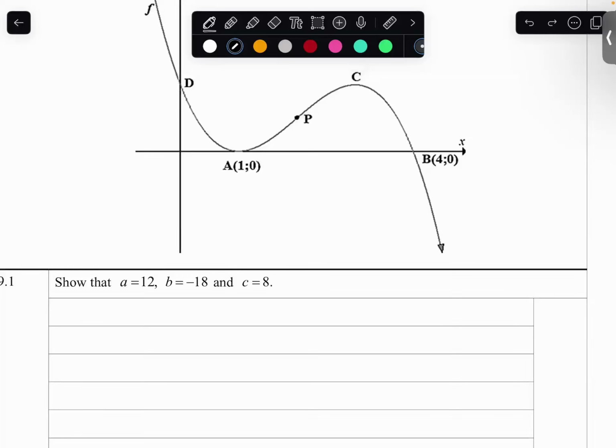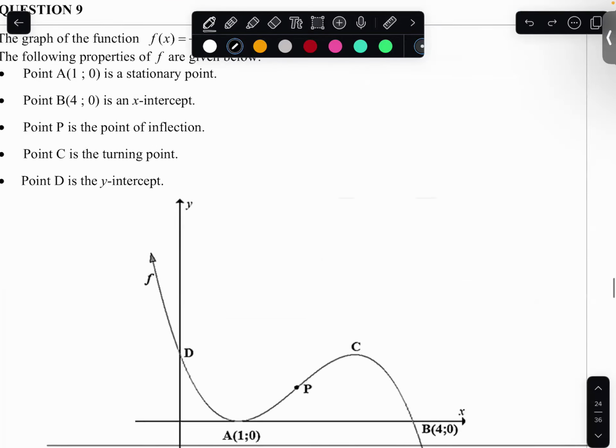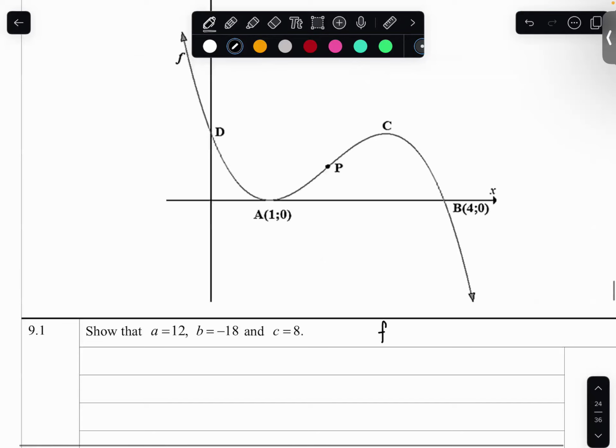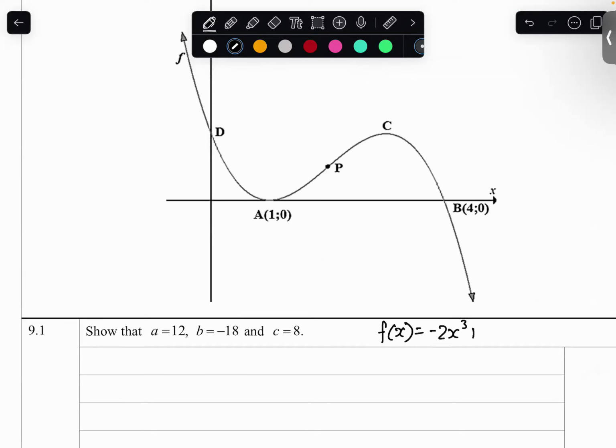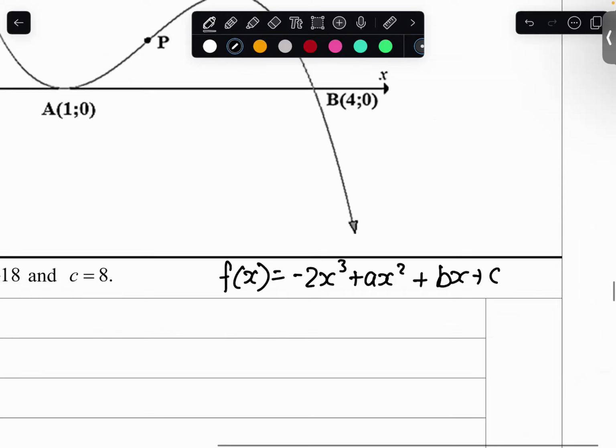Show that a is 12, b is minus 18, and c is 8, which is a fancy way of them saying find the equation of this cubic function. So we have the equation of the cubic function looking like this: minus 2x cubed plus ax squared plus bx plus c. They confuse you, because normally the a is here.